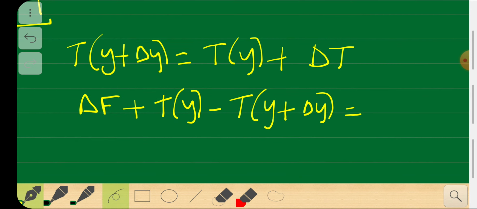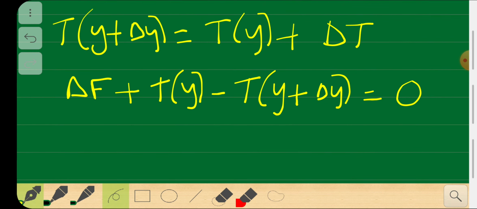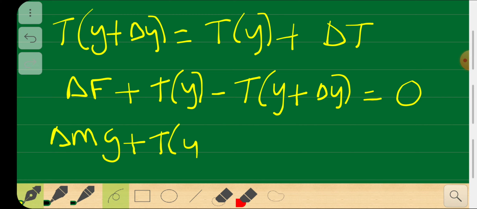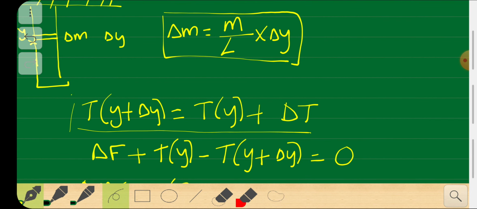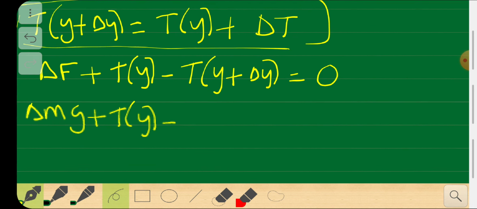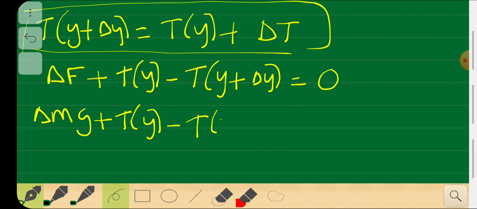If it is suspended and not falling down, then a is equal to 0, so this will be equal to 0. It's straightforward. So delta F will be some delta m times g, so it will be equal to T of y minus T of y plus delta y, which must be equal to 0.